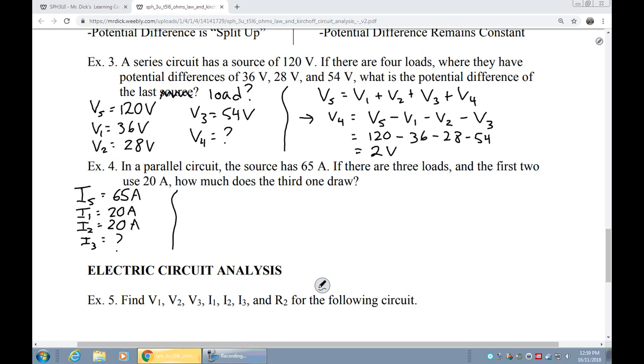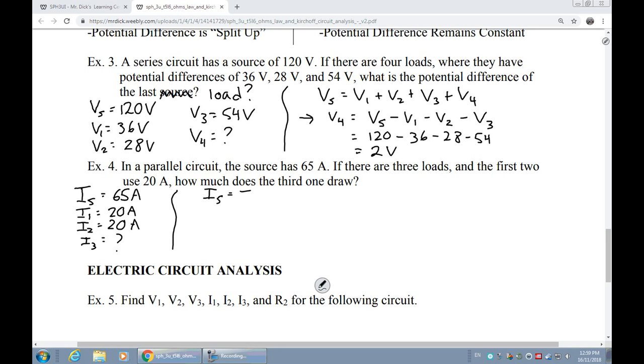So again, what Kirchhoff's law tells us is that whatever original total current we have, so for example, that total current that was going through the source, it must equal all of those separate currents added back together. Because in this parallel circuit, the current is going to split off into 3 different loads. In other words, take 3 different paths.